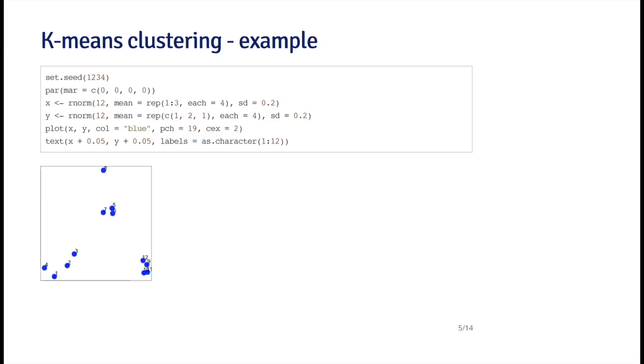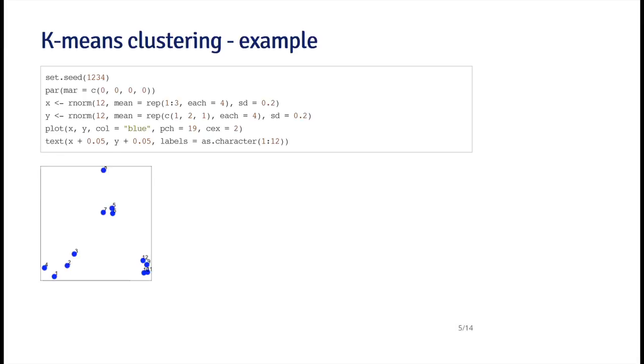Here's a quick example of how you might use the k-means clustering algorithm. I've generated some random data in 2 dimensions, so it's easy to visualize. The x-coordinates and the y-coordinates all come from a normal distribution with different means. I've specifically created 3 different clusters for these 12 observations, so each cluster has 4 observations in it.